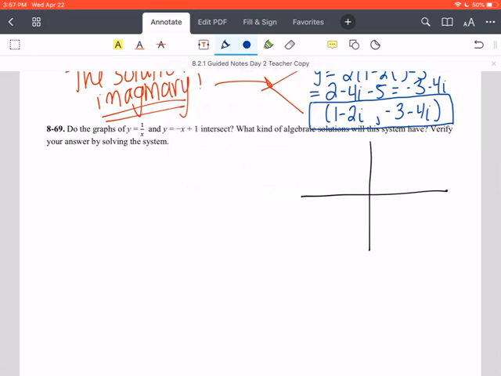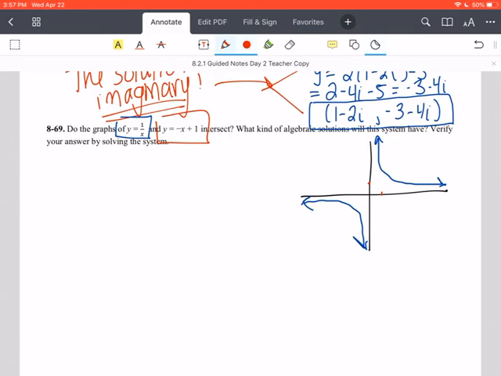That is the hyperbola, where we are in quadrants 1 and 3, but there is an asymptote at the y-axis, so we do not cross the y-axis. And then if I graph negative x plus 1, I'm going to start at 1, and I'm going to go down 1 over 1.